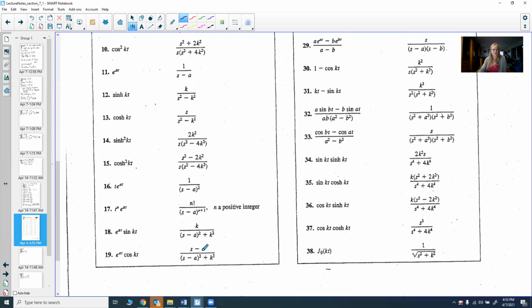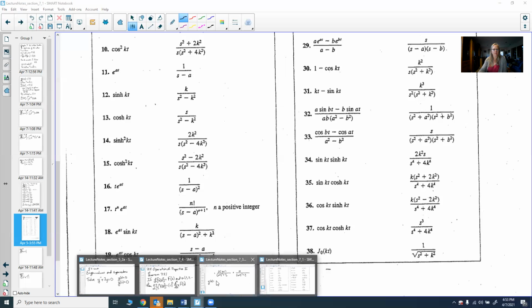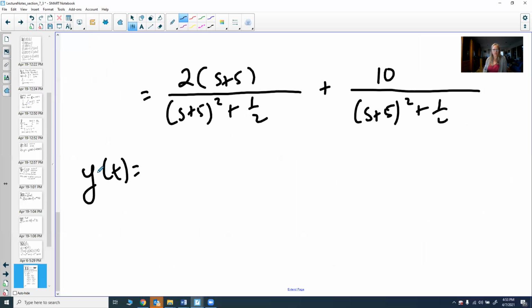It's going to be s plus 5, so my a is negative 5. So I'm going to put a negative 5 in here for the a, and my k is the square root of 1/2. So we end up with 2, that 2 was out there, e to the negative 5t cosine of 1 over the square root of 2 t.